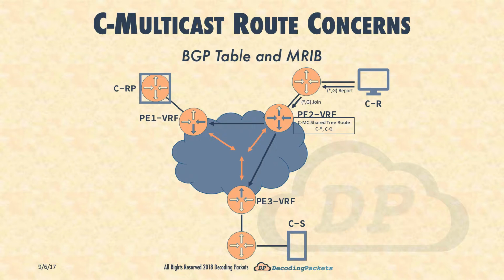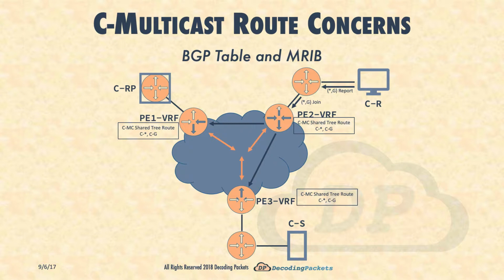What happens next in this scenario is a cause for concern. So all the PEs in the MVPN, in this case PE1 and PE3, will receive the route and they must process it. Once it is processed, PE1 would realize that the C-RP sits behind it on the customer side and will convert the BGP route back into a PIM join and send it over to the C-RP.